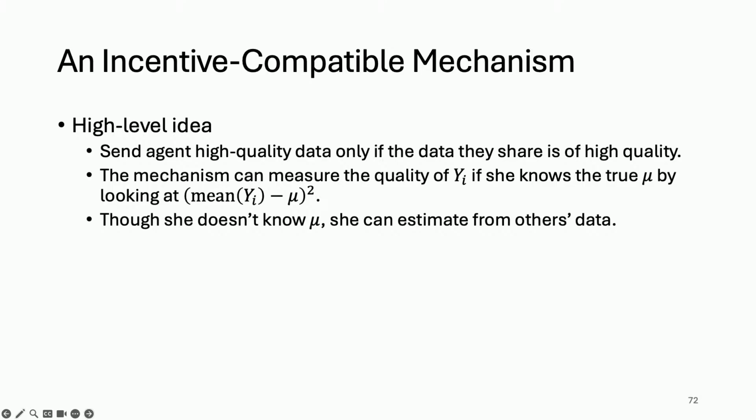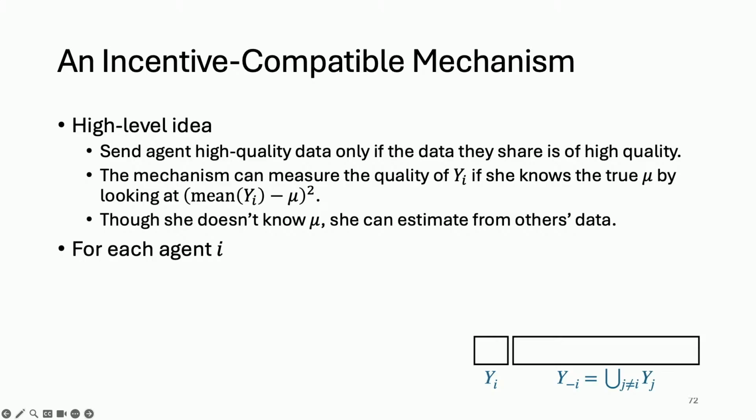Even though the mechanism doesn't know the true mean mu, she can still estimate it from others' data because all the agents have homogeneous data sources. So if all the agents share their data truthfully, then we can still have a good estimation of mu based on the data shared by other people, and then measure the quality of the data shared by agent i.